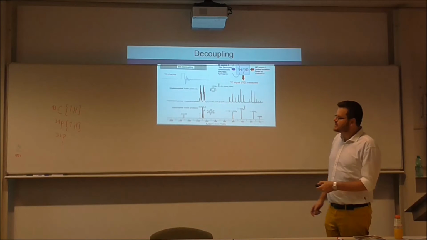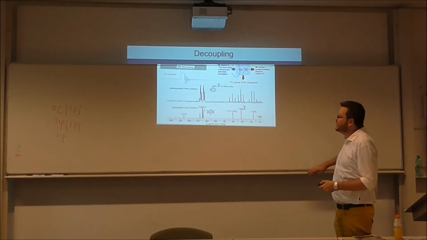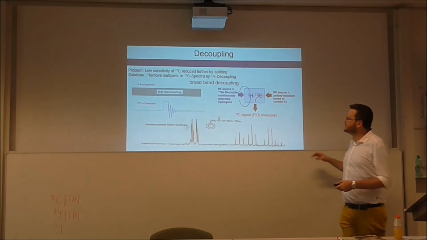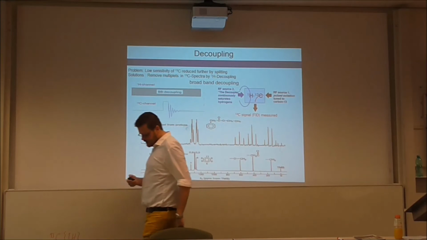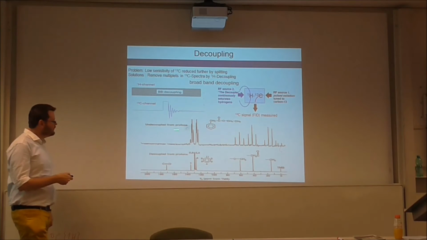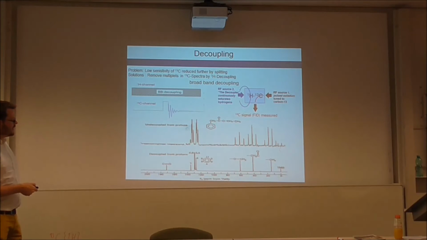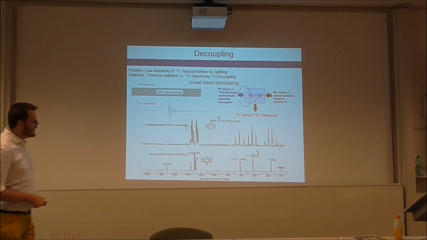Now, this notion of decoupling is very important because, as you can see here, we have an organic compound, and if we don't decouple, we end up with an extremely complex 13C spectrum.